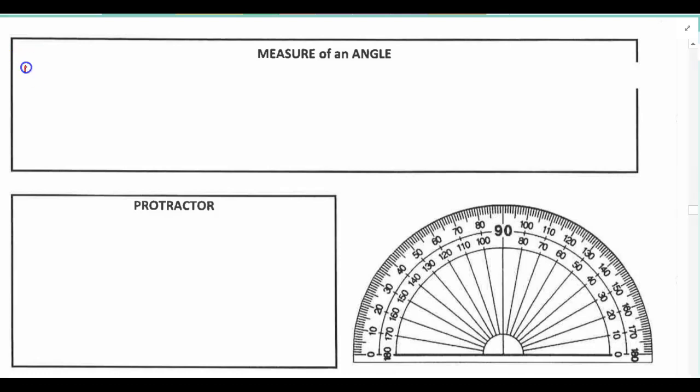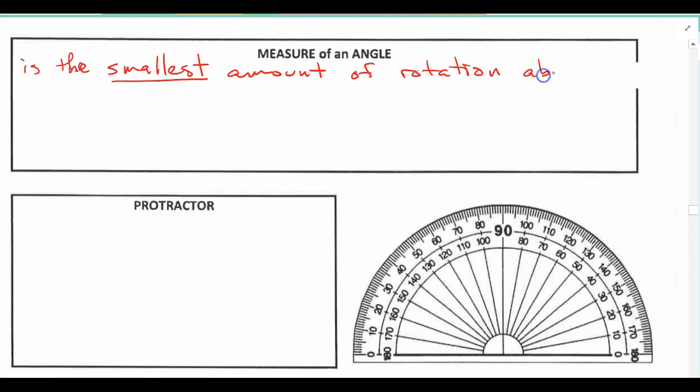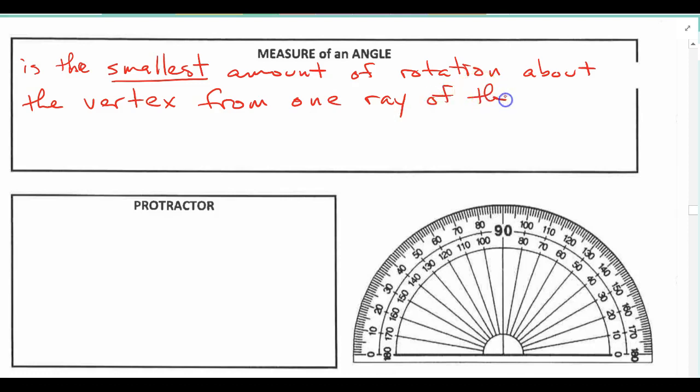The measure of an angle is the smallest, this is important, smallest amount of rotation about the vertex from one ray of the angle to the other ray.